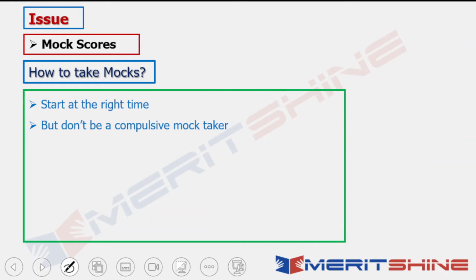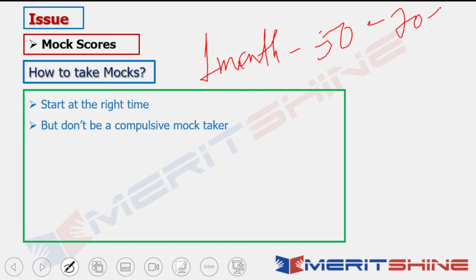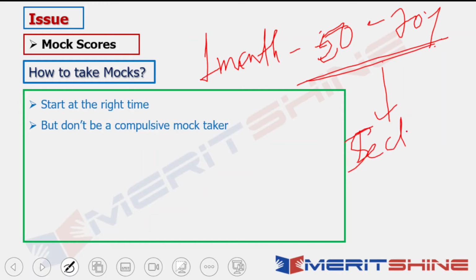Now, if you are not, then when should you start? If you have just started your preparation, your concepts are not done, then what did I tell you? Within 1 month, you should target 50 to 70% of the concepts to be done, right? This is the time when your topic tests would go on alongside your classes, but mainly sectional tests.